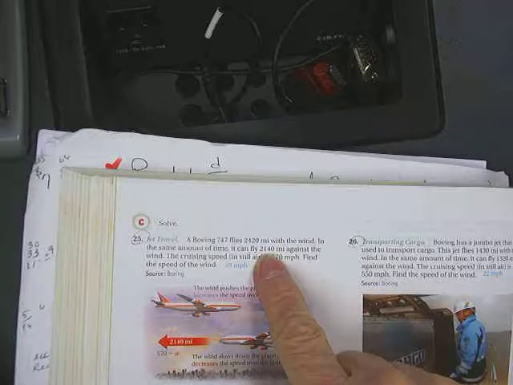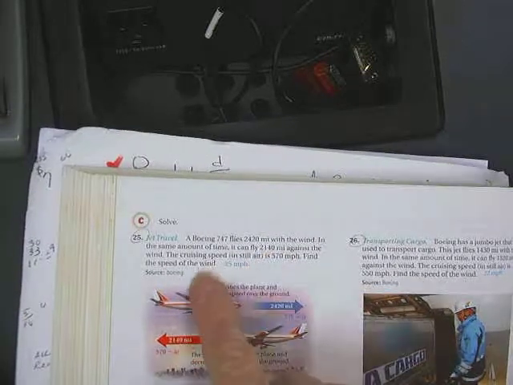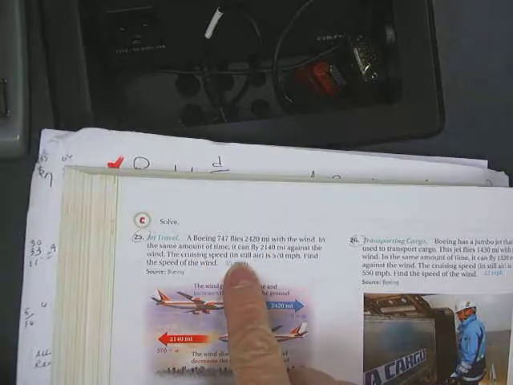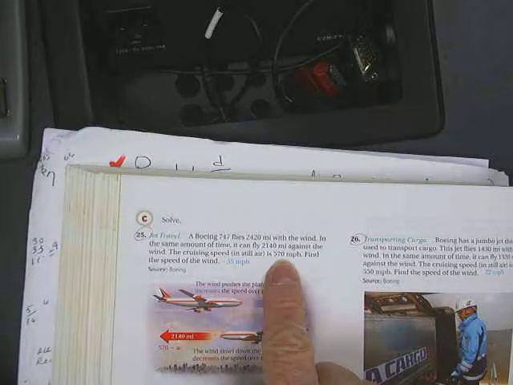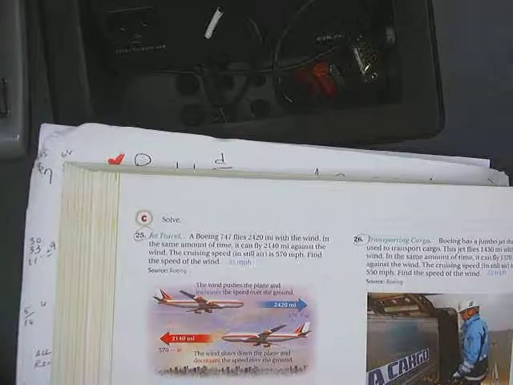It ends up in the Pacific. In the same amount of time, it can fly less against the wind because the wind's dragging it back, right? The cruising speed in still air is 570 miles per hour. Find the speed of the wind.